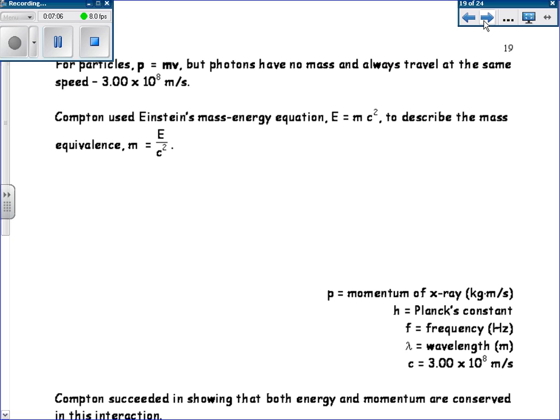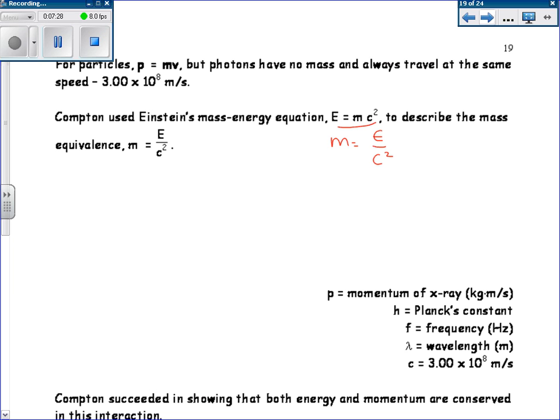And sorry, at the top here, I've summarized that. For particles, momentum is mass times velocity, but photons have no mass, and they always travel at the same speed. So Compton used Einstein's mass-energy equivalence, which says that E is equal to mc squared, to describe the mass equivalent. So he rearranged this formula to say that mass is energy over c squared. Okay.